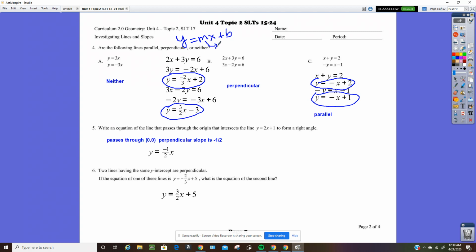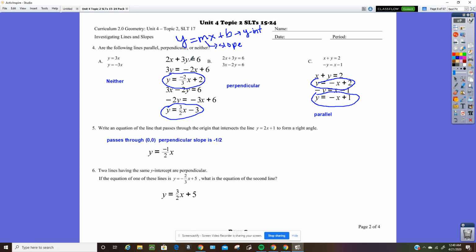So this is the slope, and this is the y-intercept. And we're most interested in the slope in these problems to see if they're the same or negative reciprocals of each other. So these are neither the same nor negative reciprocals, so that's neither.